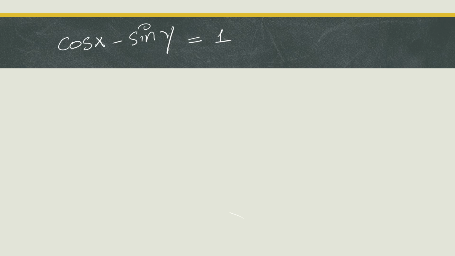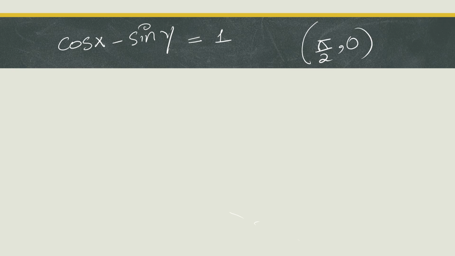So how can we solve it, and the values are 0 and sine 0 and let's suppose pi over 2. These are the values which they gave you.